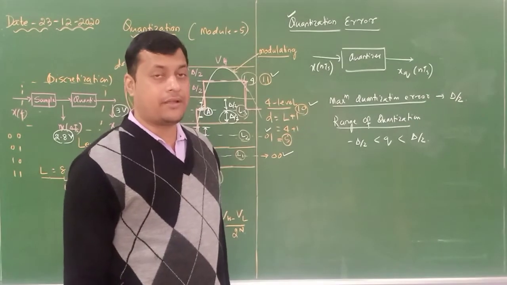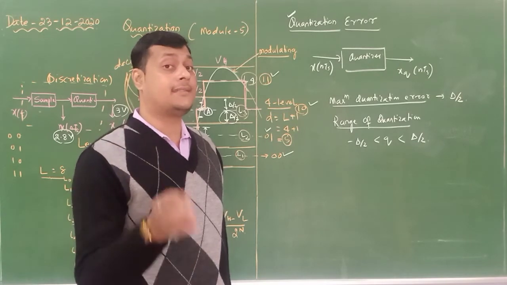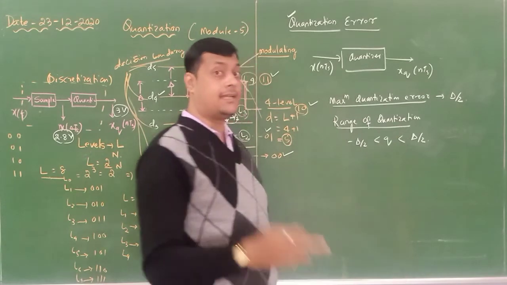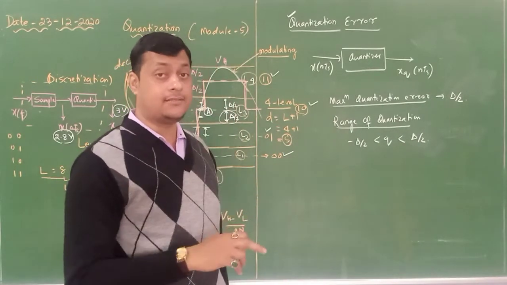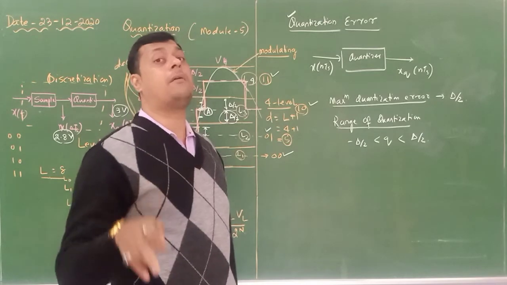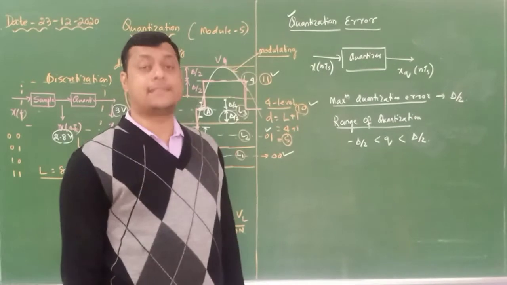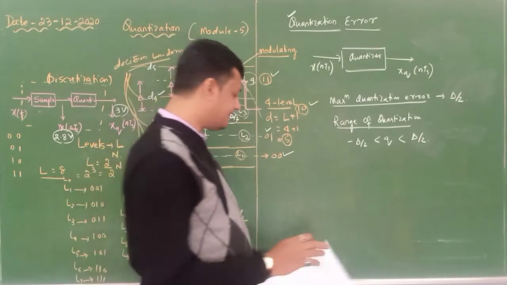Why am I identifying all these things? Because I need to calculate the quantization noise power. This error is also called noise. And I need to calculate the range so that I can calculate the total noise power, and simply divide the signal power by it to get SQNR.